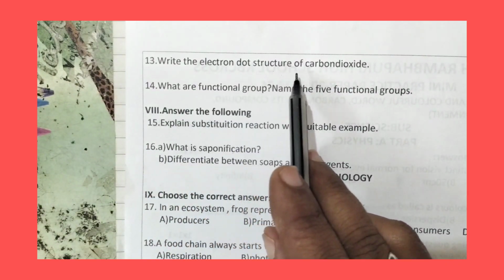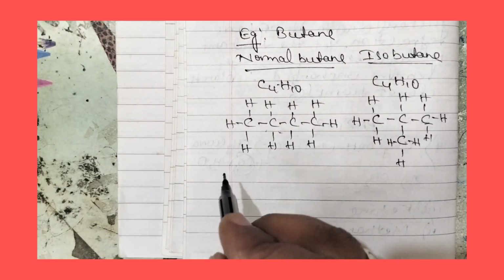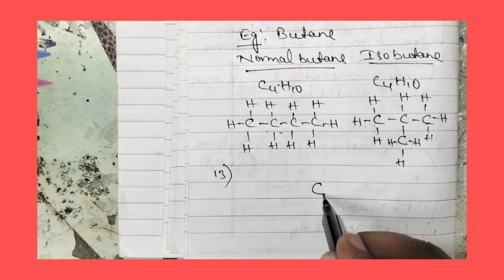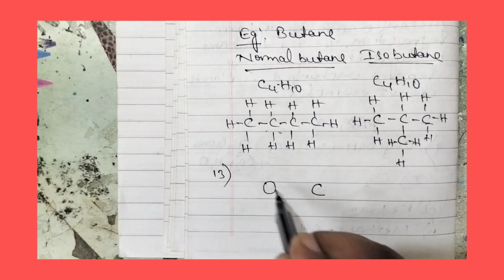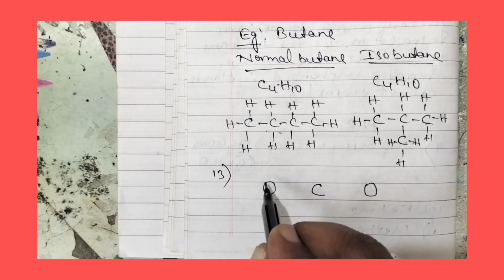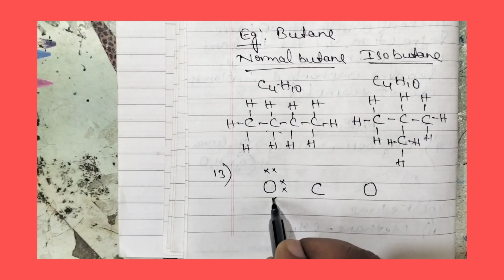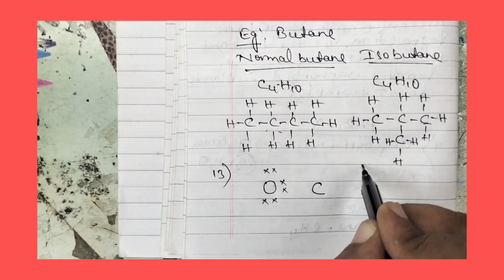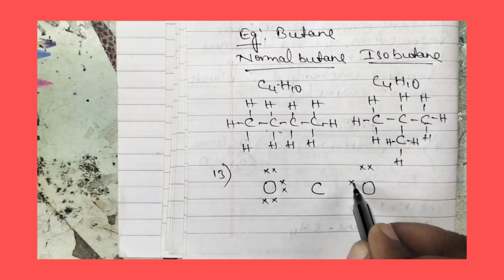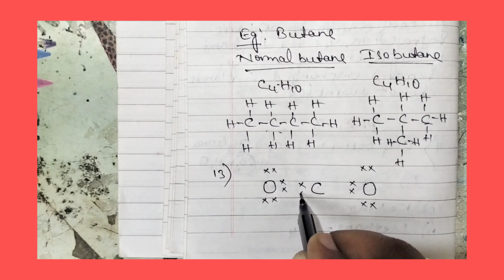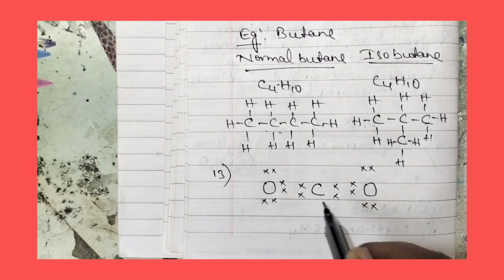Now let us move to question number 13. Write the electron dot structure of carbon dioxide. So carbon, then here one oxygen, here one oxygen. Oxygen has 6 valence electrons, and carbon has 4.